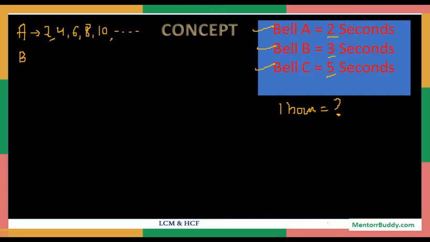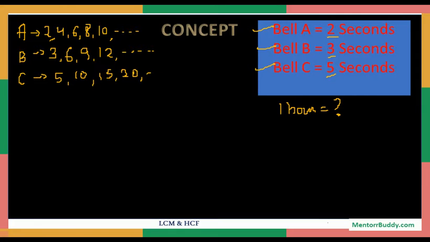Bell B, ringing after every 3 seconds, next rings at 6 seconds, 9 seconds, 12 seconds and so on. Similarly, bell C rings every 5 seconds, then 10 seconds, 15 seconds, 20 seconds and so on. So this is the ringing status of the 3 bells, A, B and C.